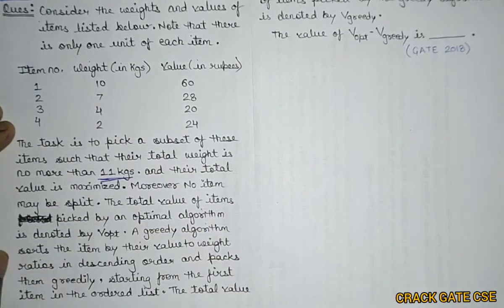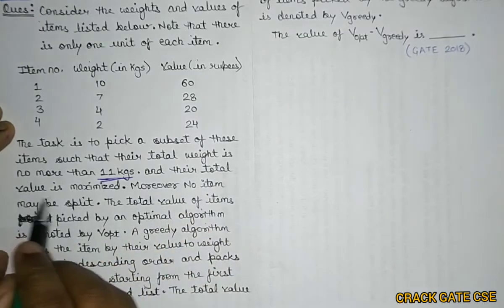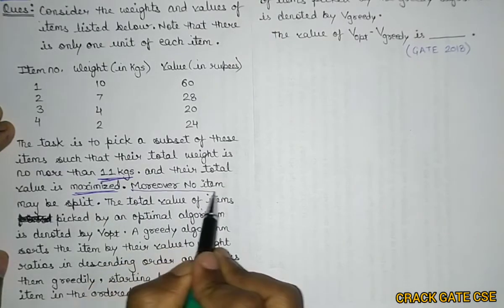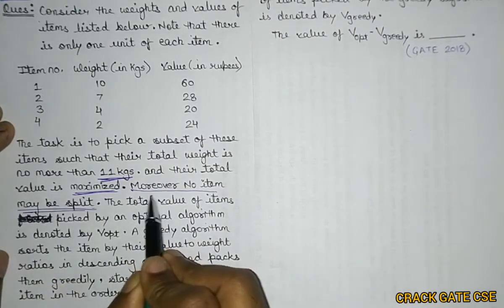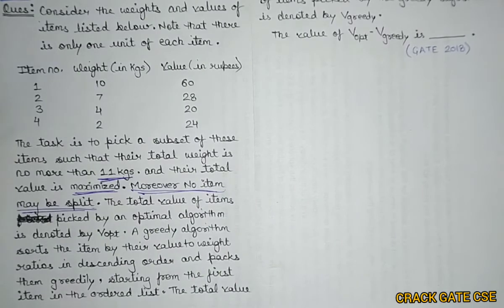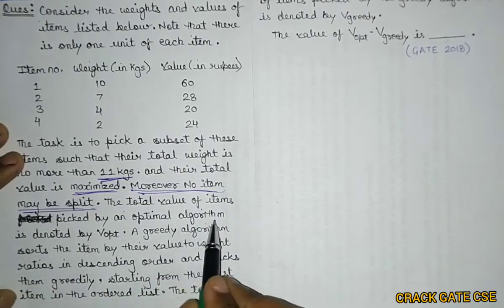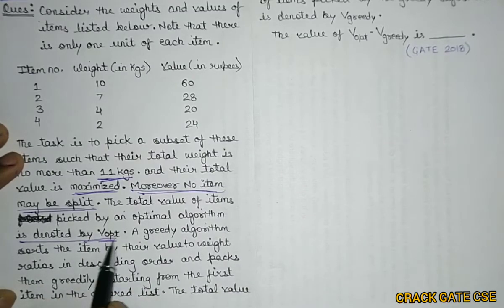So the M value is 11 and their total value is maximum. We have to find the maximum value or the maximum profit. Moreover, no item may be split. This line gives you an idea that we are talking about 0 by 1 knapsack because we are not allowed to split the items. The total value of the items picked by an optimal algorithm is denoted by V optimal.